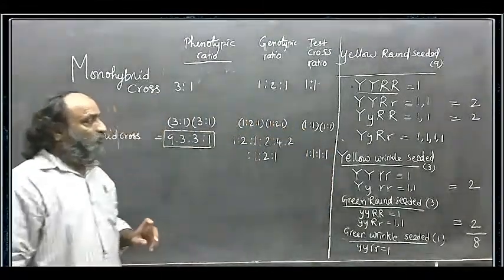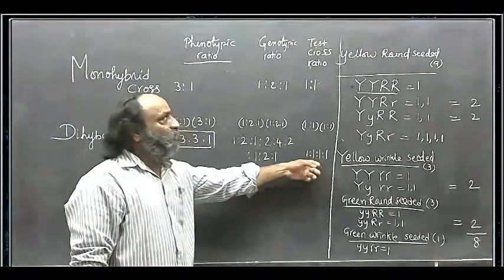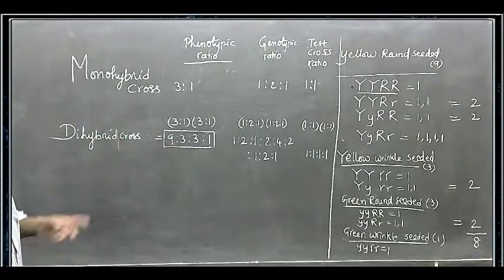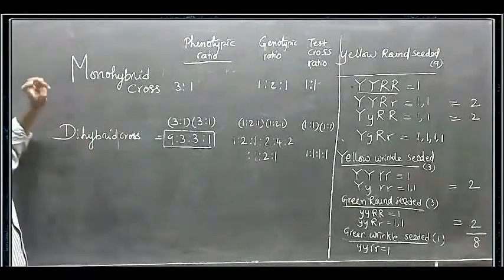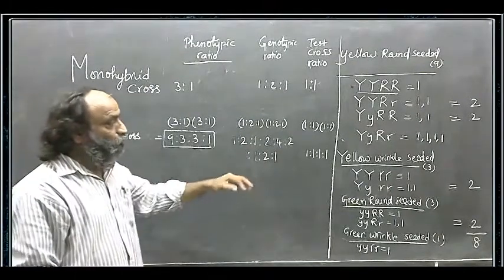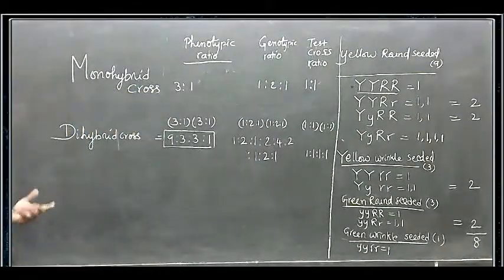So this 1:1:1:1 is the dihybrid test cross ratio. 1:1 is a monohybrid test cross ratio, whereas 1:1:1:1 is the dihybrid test cross ratio.